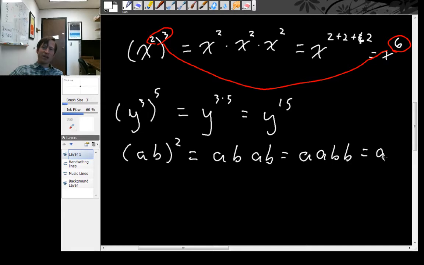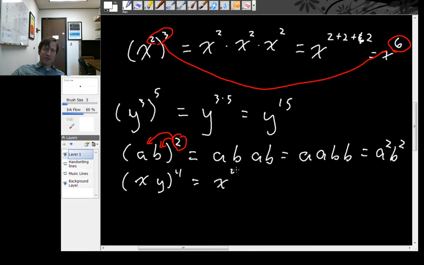And this is a squared b squared. And here it is as if this exponent went on to each factor here.